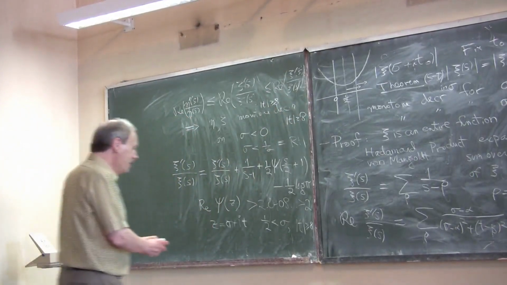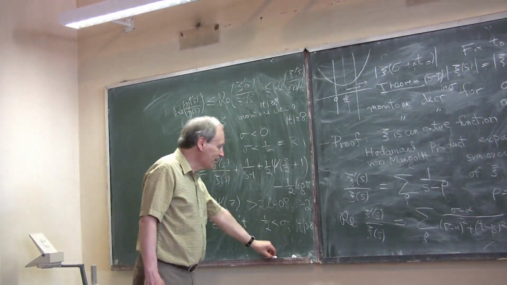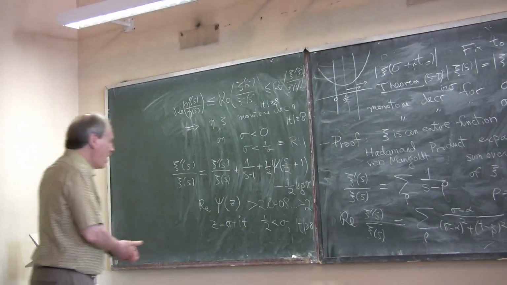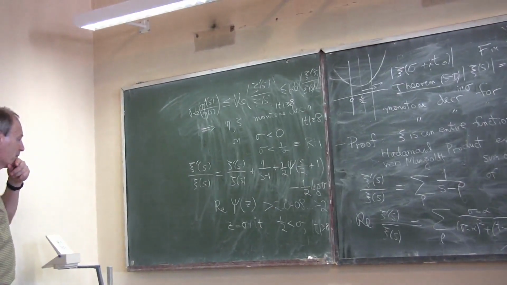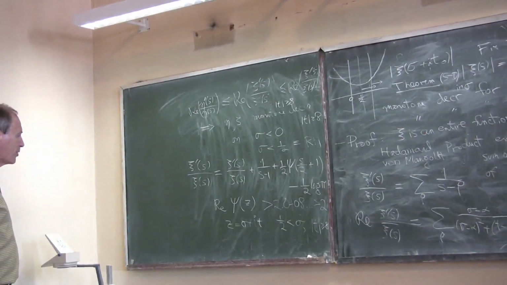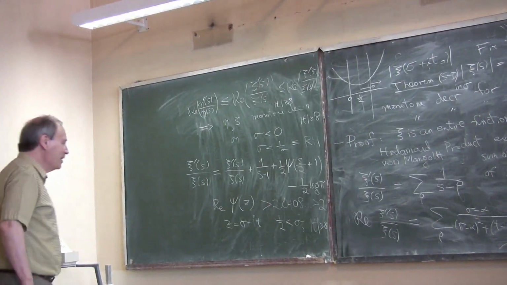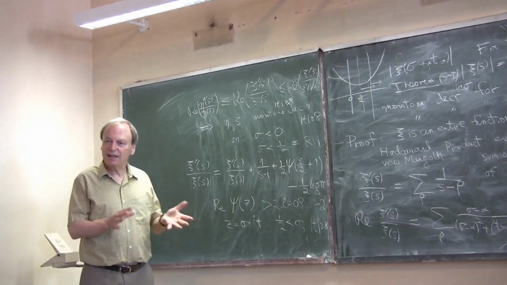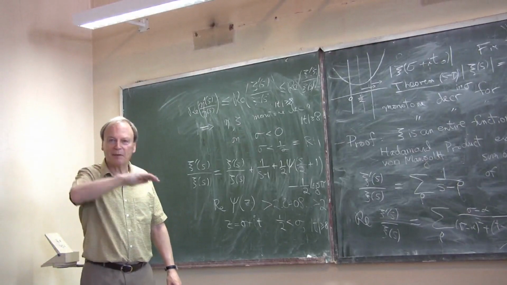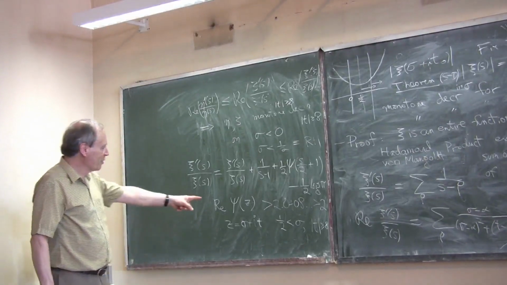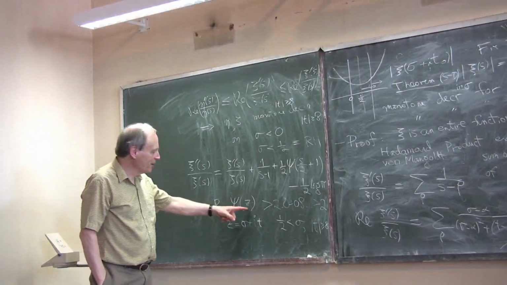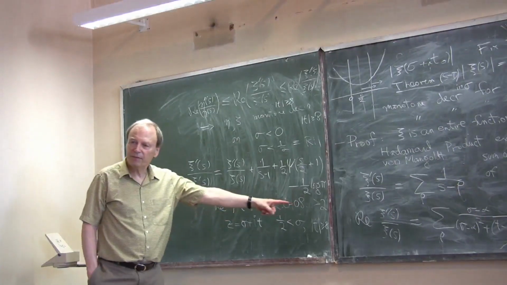Okay, so just two last things I'd like to say then. A corollary of this: remember that the digamma function was the derivative of the gamma function. I mentioned I had that theorem about monotone increasing of gamma function, and we already get it as a corollary of this, because the real part of the digamma is positive.